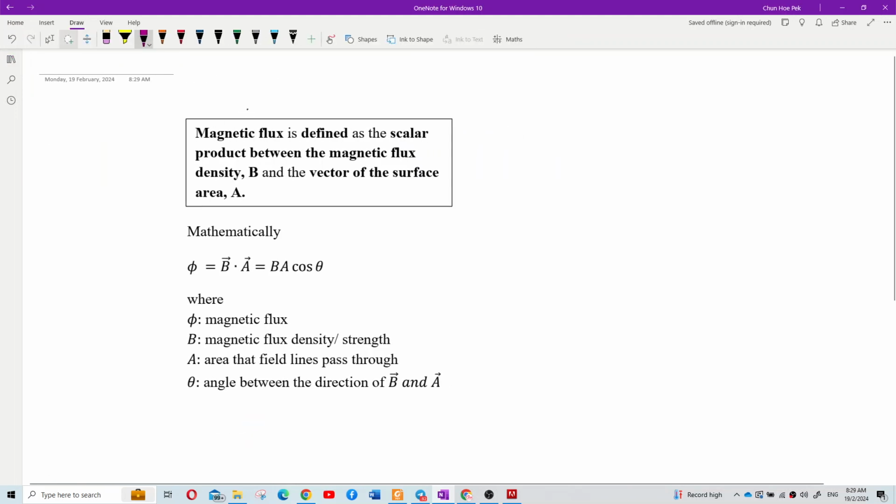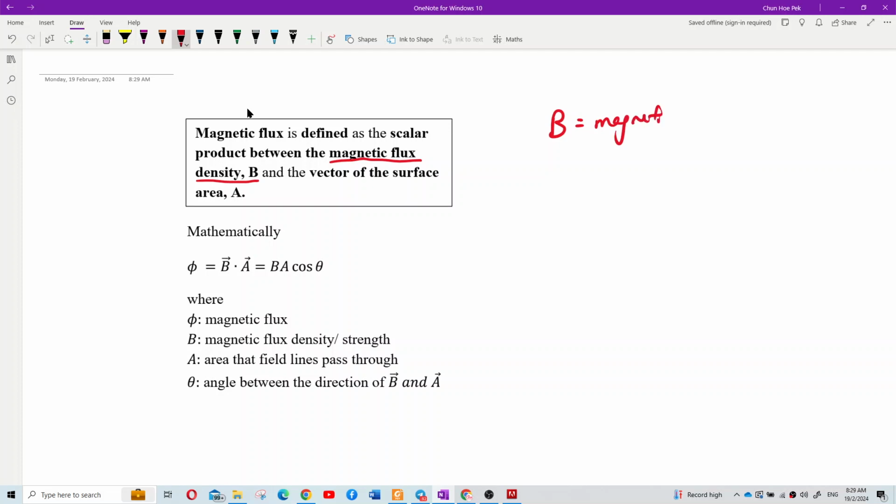This symbol B, we know, is the magnetic field strength, isn't it? It has another name, which we call magnetic flux density.